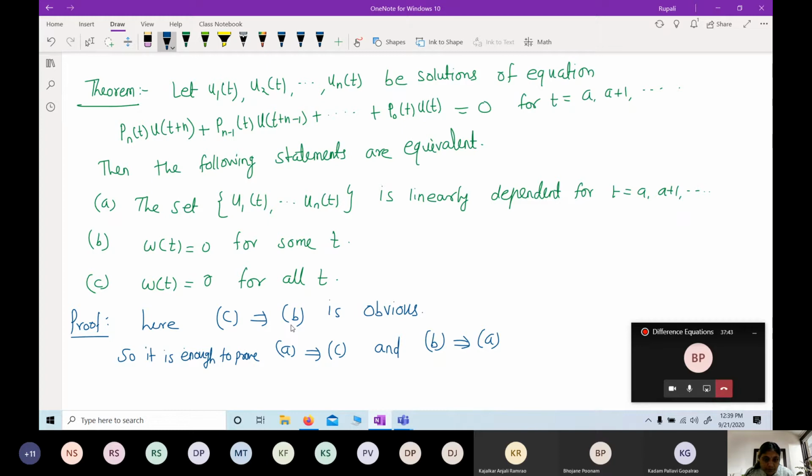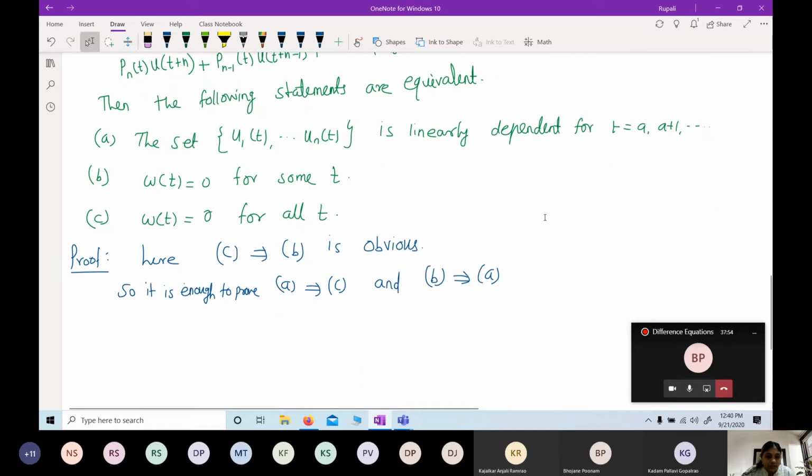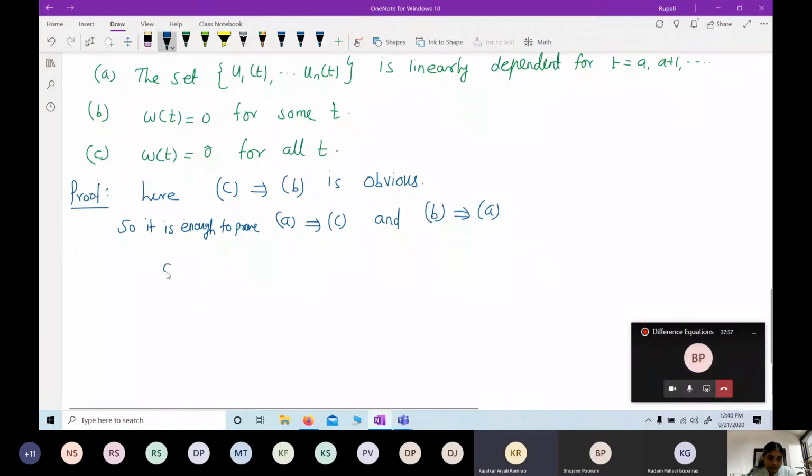C implies B is obvious. So if I prove B implies A and A implies C, then all statements will be equivalent to each other. Yes, C implies B, B implies A, and A implies C. Means each statement implies each other, right? The cycle is complete. So it is enough to prove A implies C and B implies A.